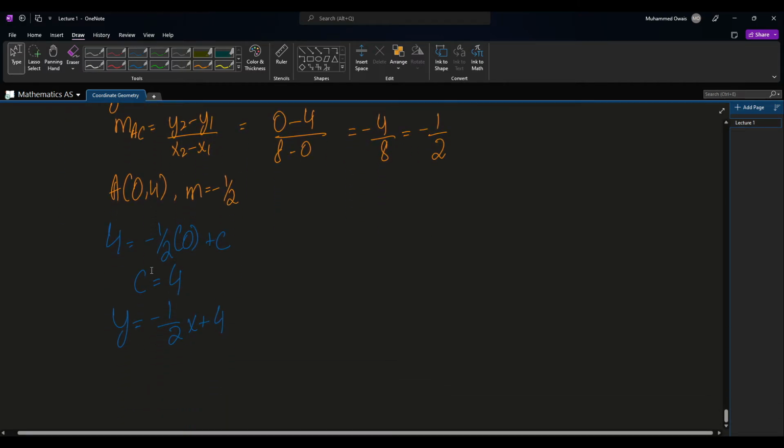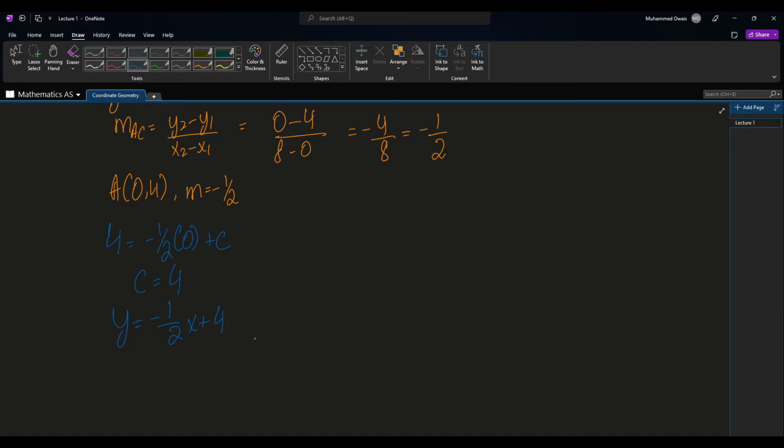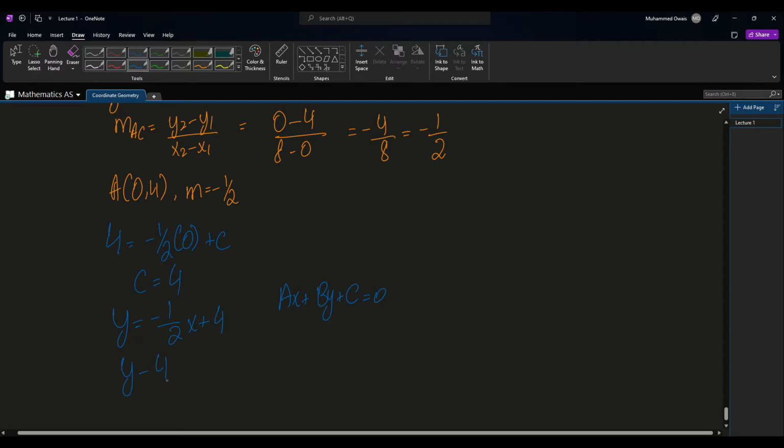However, what we can do is turn this equation into its normal form, which is ax plus by plus c equals 0. This is the simple form, so we can do that. What I can do is bring this 4 over. Y minus 4 equals minus half x.